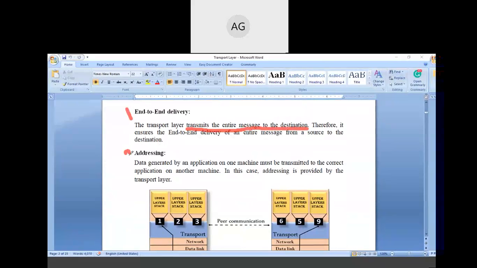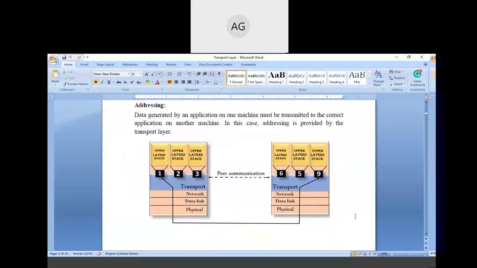The second service is addressing. Data generated by the application on one machine must be transmitted to the correct application on another machine. In this case, addressing is provided by the transport layer. As you can see in the diagram, the upper layer stack has been shown.